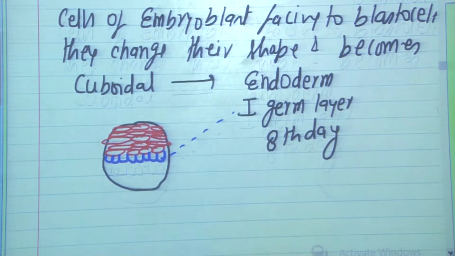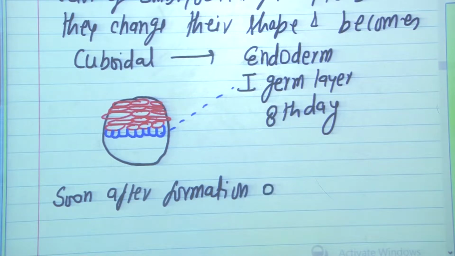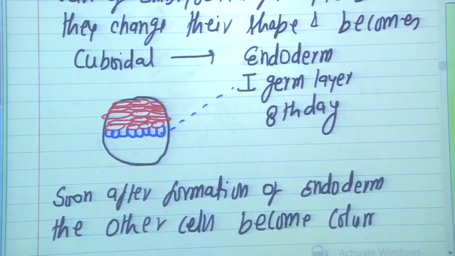Soon after formation of endoderm, the other cells become columnar and form ectoderm.